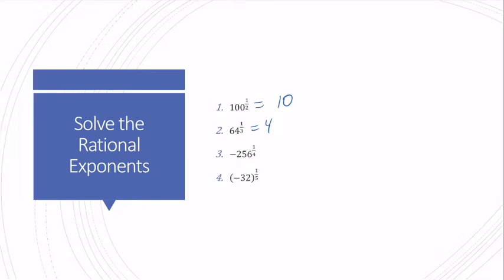Okay, that's going to be 4, because 4 to the 4th is 256. And 4 cubed is 64. Okay, cool. If I have negative 32 to the 1/5, now this, right, I can take a 5th root of negative 32. Negative 2 to the 5th is negative 32. So the 5th root of negative 32 is going to be negative 2.